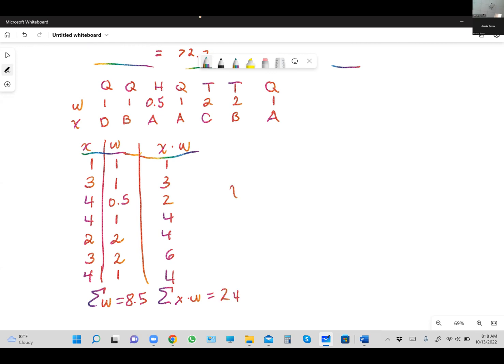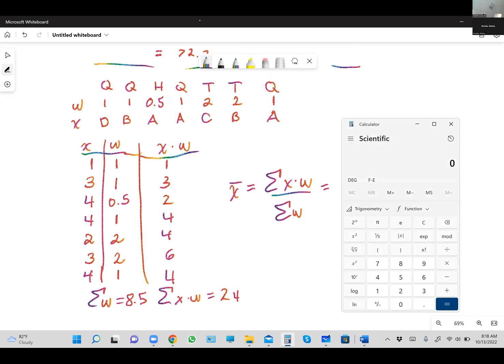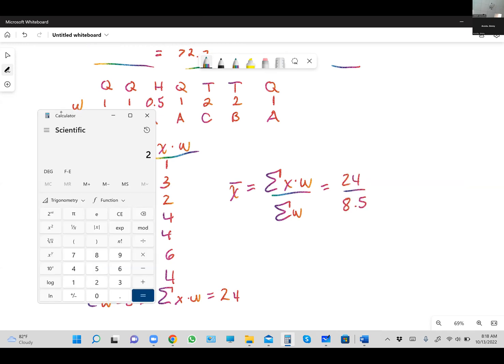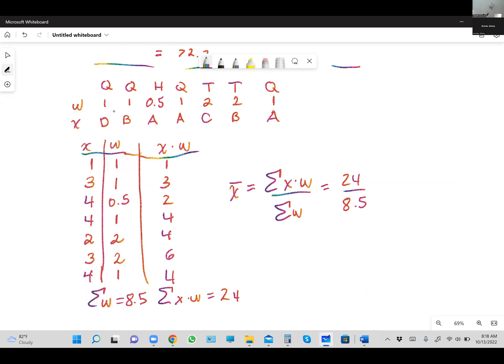So if you want to find the mean, you take the sum of X times W divided by the sum of W. That's 24 divided by 8.5. I'm going to perform this using my calculator. 24 divided by 8.5 is approximately 2.82.